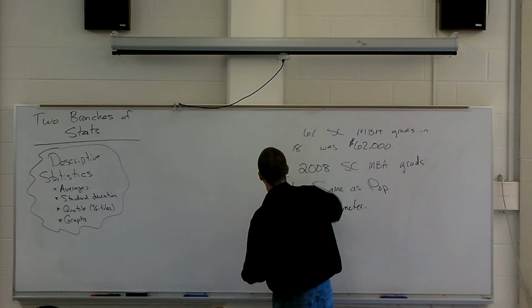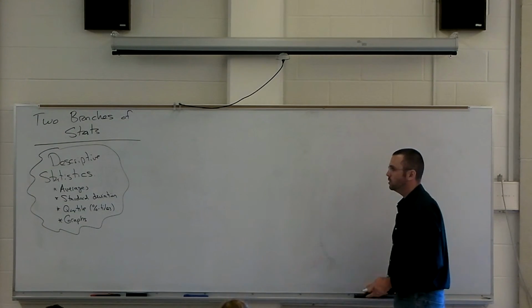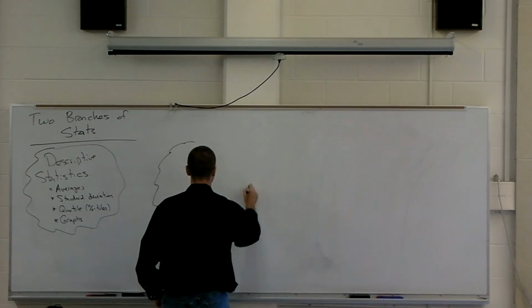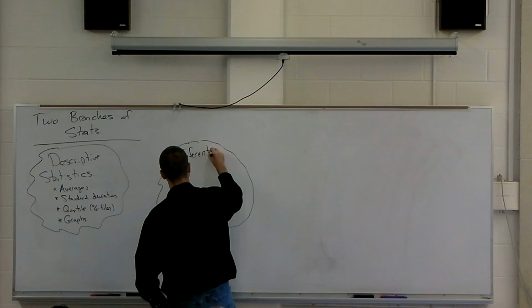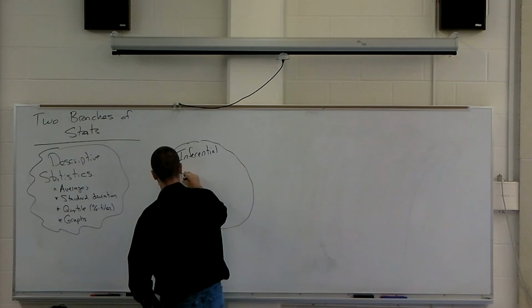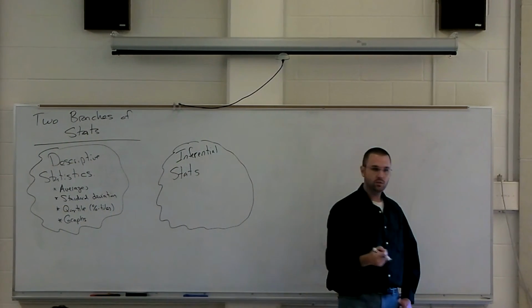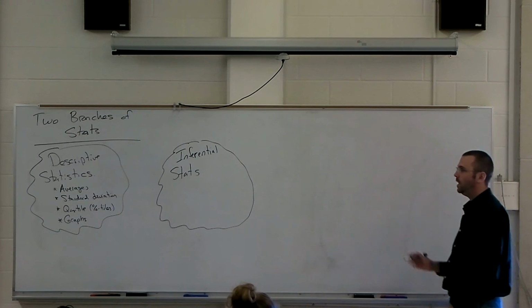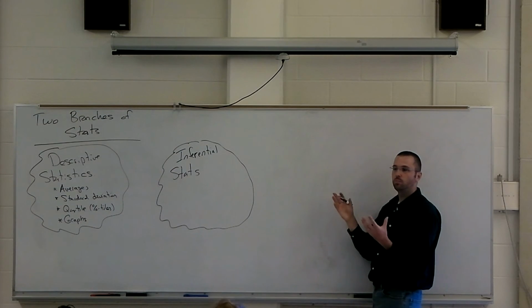All right, well, what's the other branch? If this is the first branch of statistics, what's the second branch that we are interested in? The second branch that we're interested in is what is called inferential statistics. Inferential statistics is sort of this branch of statistics that takes this descriptive data and uses it to make guesses about the larger population.